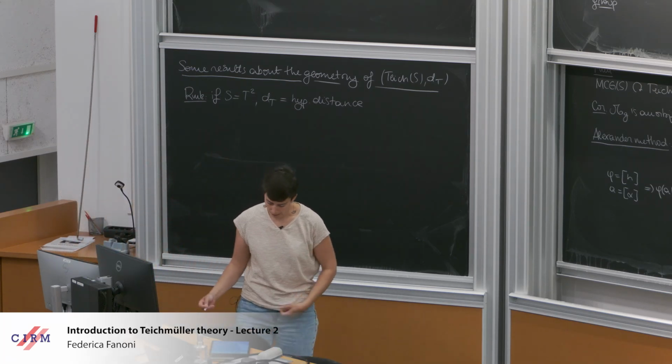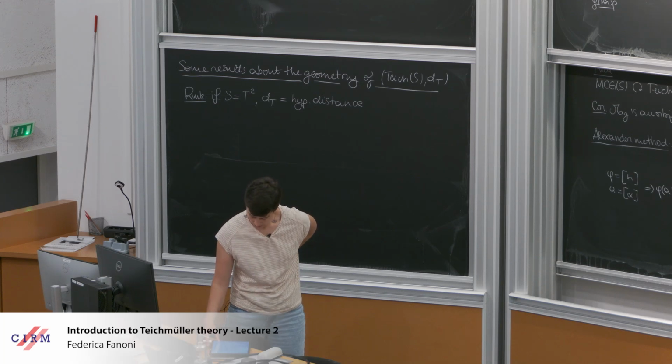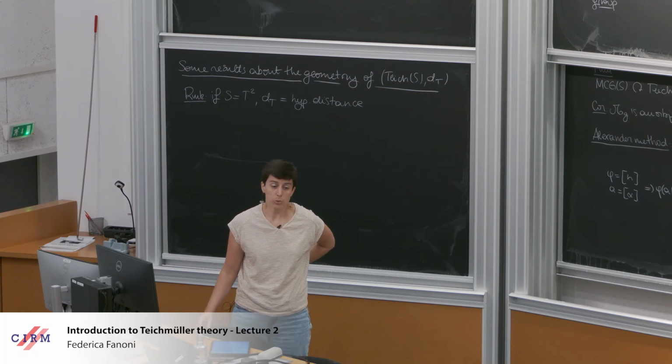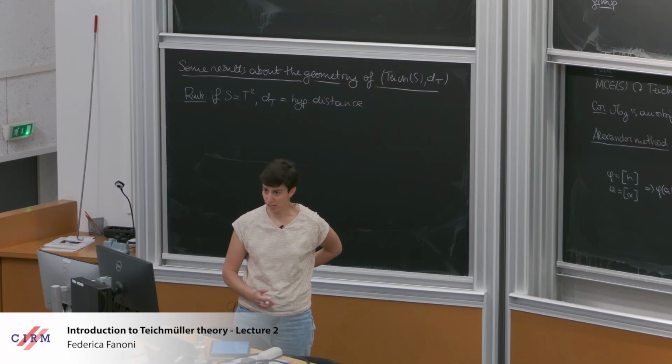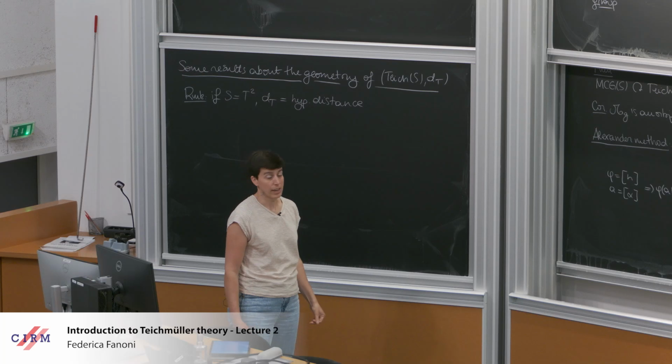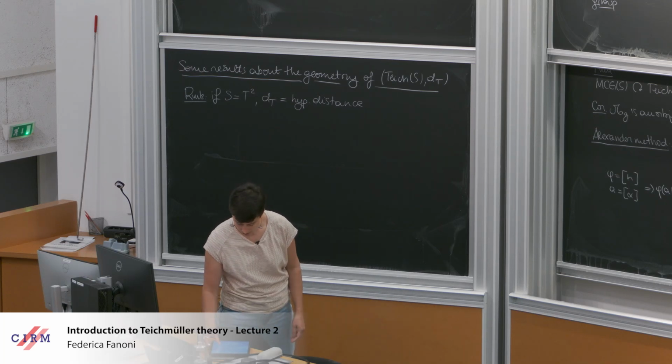So there, for instance, we know that it's a very nice negatively curved space. We know everything about its geodesics, and we can try to figure out how much of this carries on for higher genus surfaces.